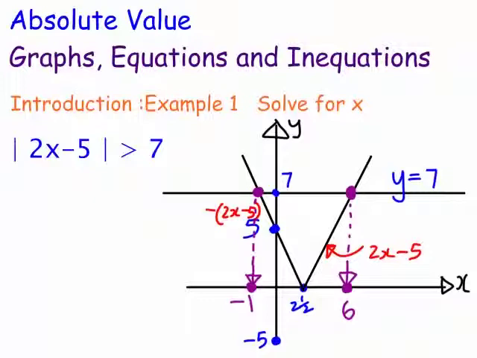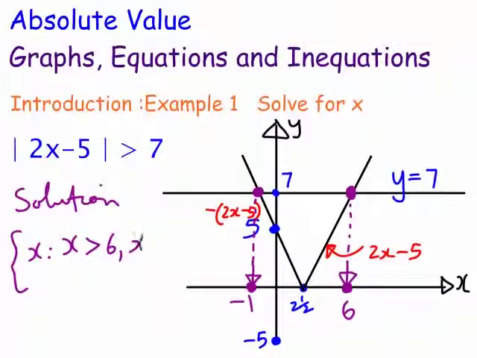Now we have to be just a little careful here because we can't include those points. So the solution now in set notation would be x such that x is greater than 6, and x is less than minus 1.